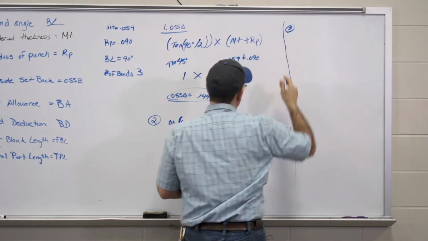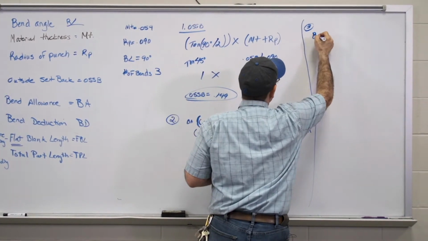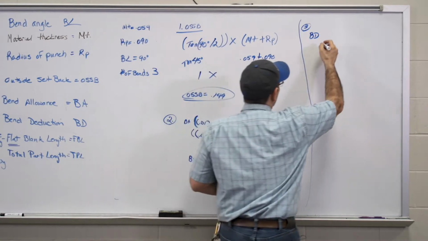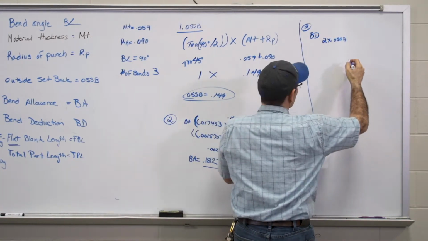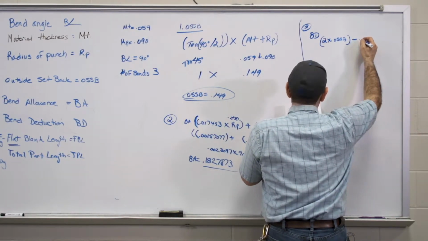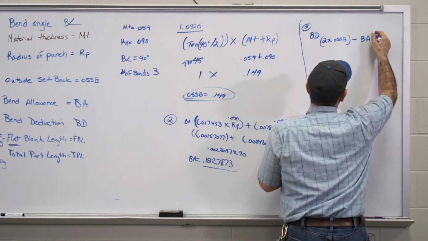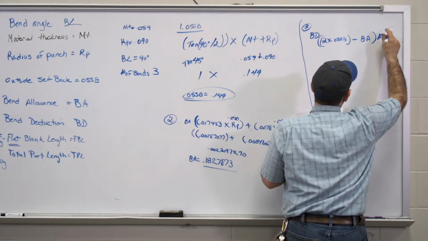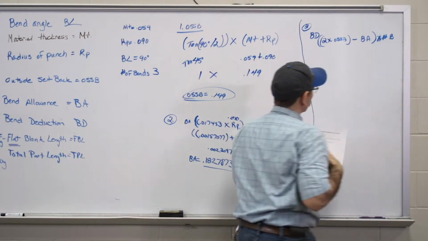3. Now I need to find out the bend deduction. Bend deduction, all right? So that is 2 times OSSB minus the bend allowance, times the number of bends, okay?